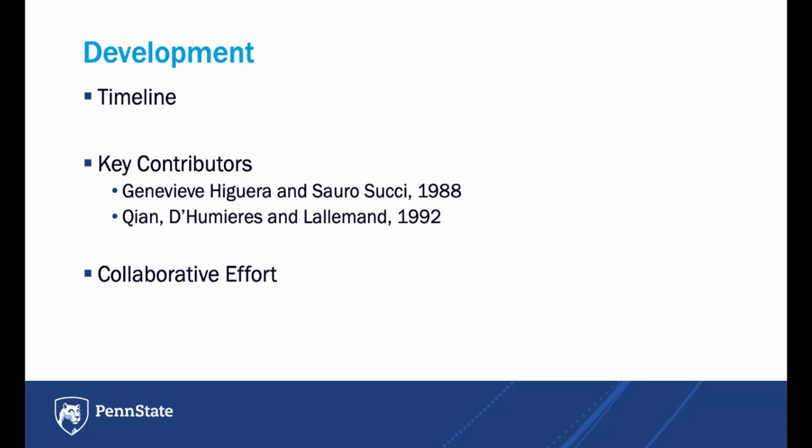Among the key contributors, Higuera and Succi in 1988 were early pioneers who transitioned LGA to a continuous distribution function approach. After that, Qian, d'Humières and Lallemand in 1992 introduced the widely used D2Q9 model, which is 2D with 9 velocities, standardizing LBM for fluid dynamics.